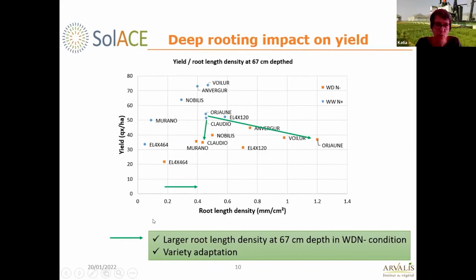And also we have a high variability of genotypes, because you can observe here Claudio, that has not developed so much root length in depth, but Orjaune has a very high development, so we can observe this variability in the field.